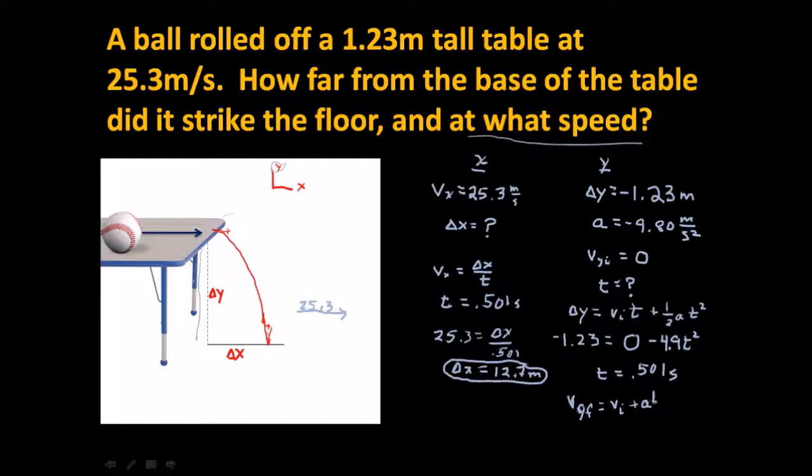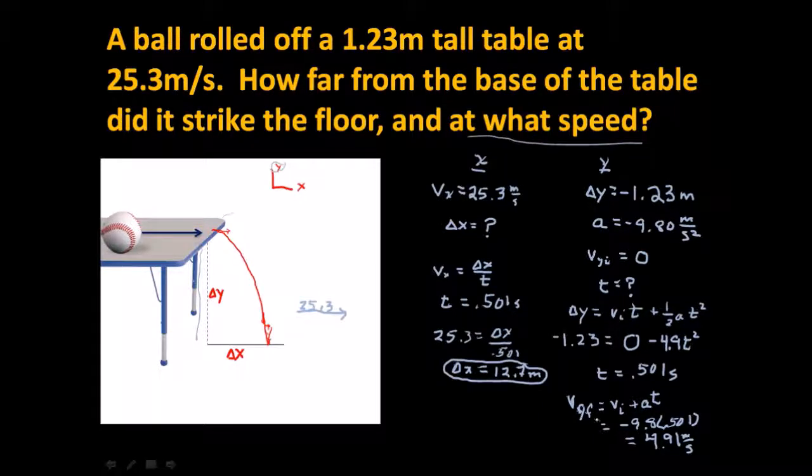And now we know the time, so that's going to be 0 plus negative 9.80 times 0.501, almost got rid of my decimal point there, is going to be 4.91 meters per second.